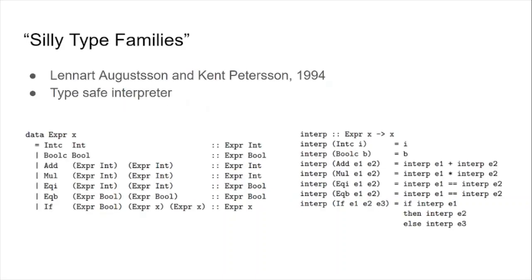The idea of index types was presented initially as silly type families, where the motivation is related to type-safe ASTs and their interpreters, where we specify the return type of data constructors so the type checker could filter out the impossible constructors doing pattern matching.